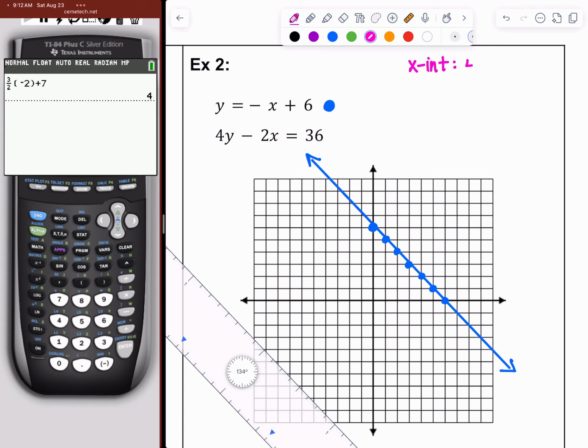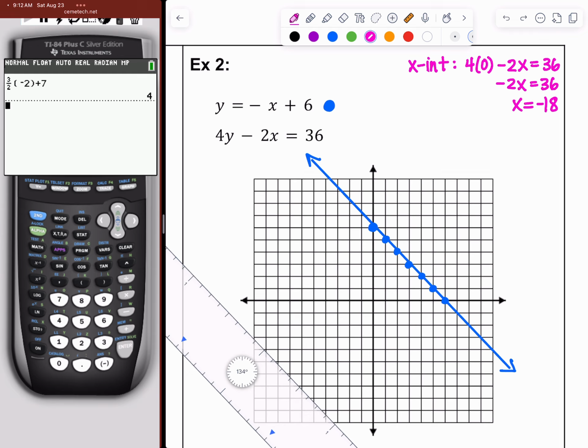So I'm going to have 4 times 0 minus 2x is equal to 36, because any point that's on the x-axis has a y value of 0. That gives me negative 2x is equal to 36, which means x is equal to negative 18. There's no room on the x-axis the way we've scaled it. We scale by ones, so there's no room to graph negative 18 there.